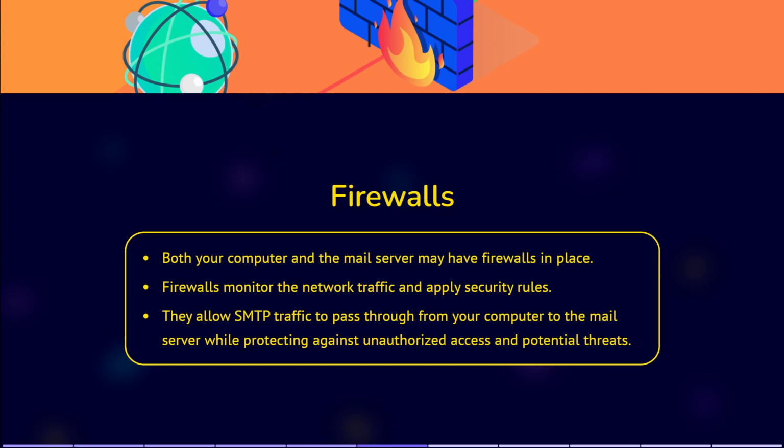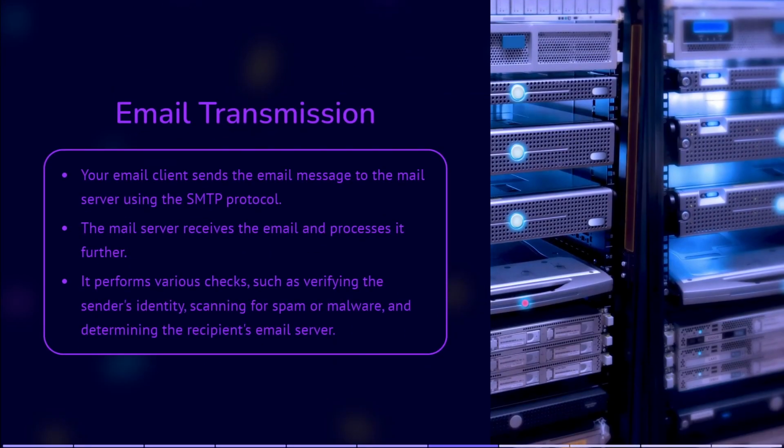Email transmission. Your email client sends the message to the mail server using the SMTP protocol. The mail server receives the email and processes it further. It performs various checks, such as verifying the sender's identity, scanning for spam or malware, and determining the recipient's email server.